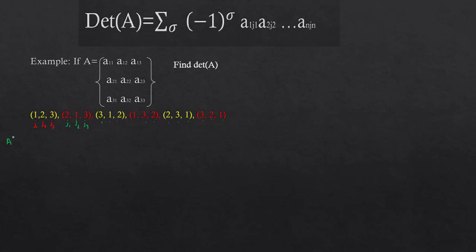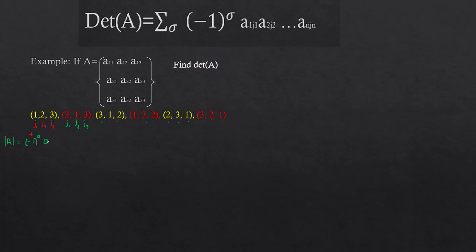So now for our definition, let's bring that up on screen. That's det A is equal to minus 1, which is positive, but I like to raise it to the number of inversions, which is 0.